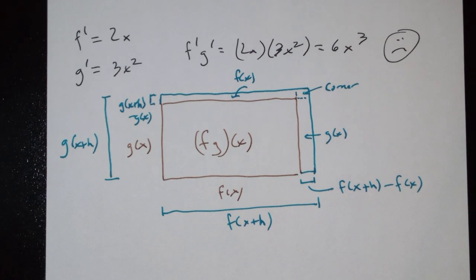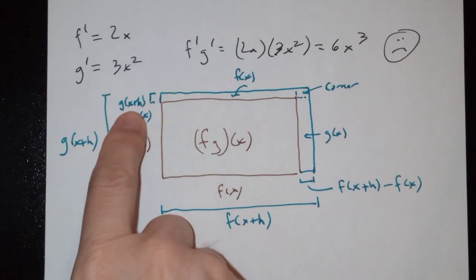We'll look at the top strip to start with. As h gets smaller and smaller and smaller, does this dimension, the horizontal dimension of that strip, change at all? It stays f of x. But the height gets smaller because h is getting smaller.